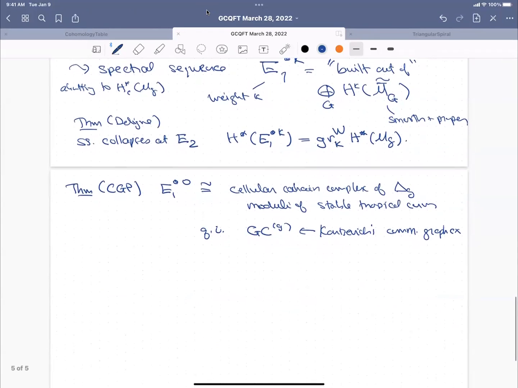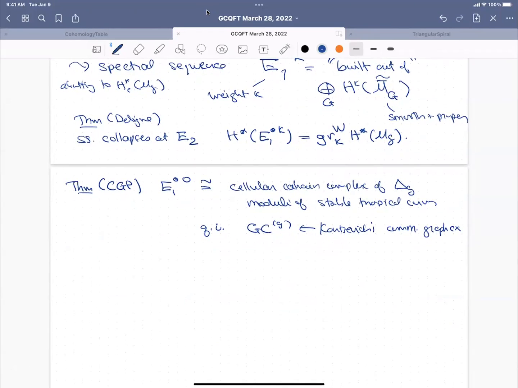And at that point, the vast knowledge of the graph complex community comes to the rescue, or really gives good results.